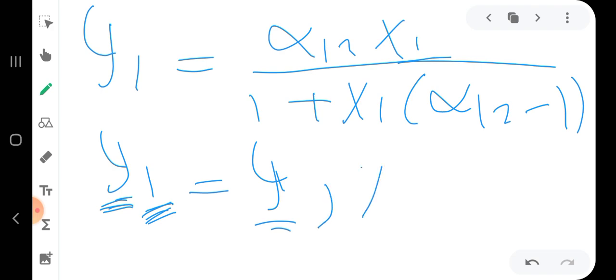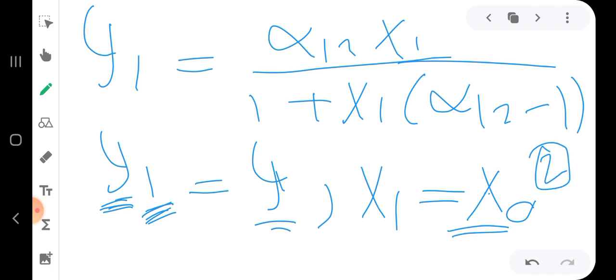Similarly, when we say X1, we can say only X with no subscript, and this refers to the mole fraction of the more volatile component in the liquid phase. Okay? So now this is the second equation, which is the equilibrium relation equation.